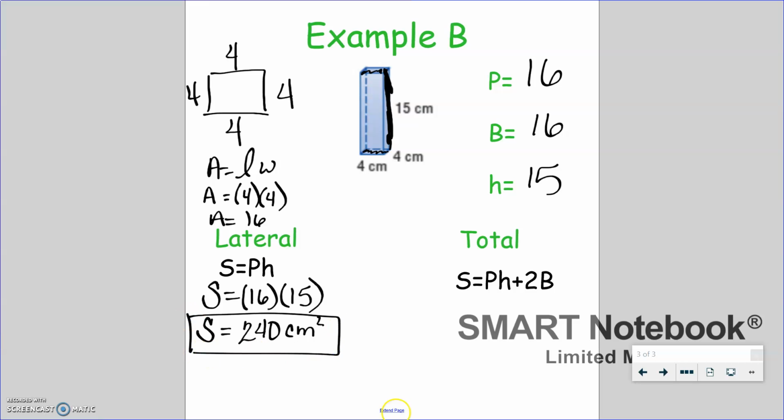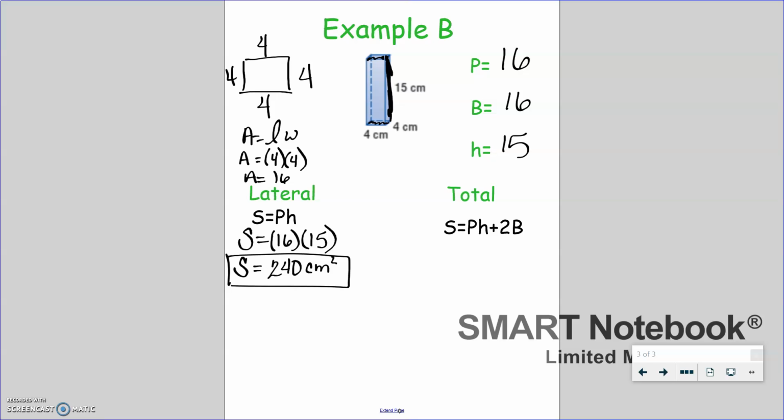Okay. Now let's go in and figure out our total surface area. We're still going to plug in our numbers. So you have 16 times 15 plus 2 times 16, because 16 is also the area of our base. The area of the base is 16.